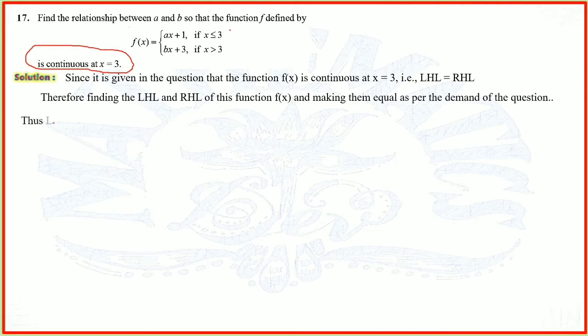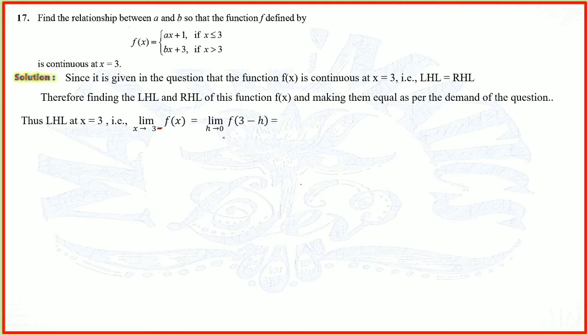So then, the left hand limit at x equal to 3, that is the limit as x tends to 3 minus, which denotes the left hand side, of f of x, equals the limit as h tends to 0 of f of 3 minus h.